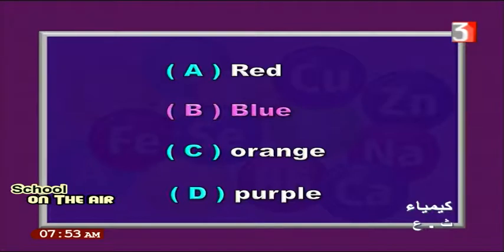We find that the right answer here is blue. Why? Because it is a basic solution. In spite of the equal number of moles, calcium hydroxide ionizes to give 2 hydroxide ions, which is twice the number of hydrogen ions produced from the acid. So it is a basic solution.